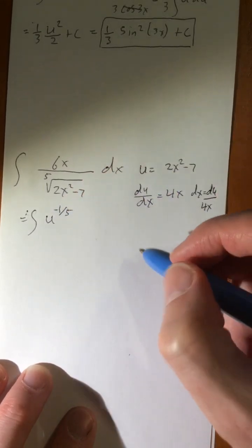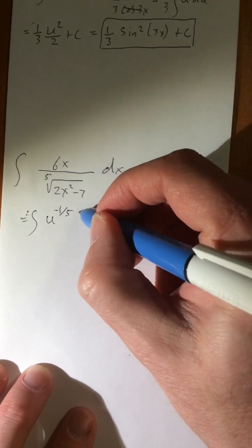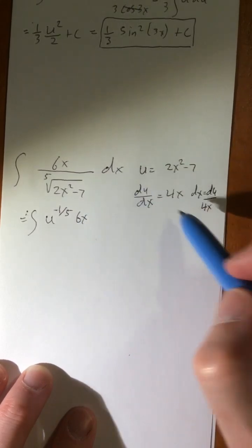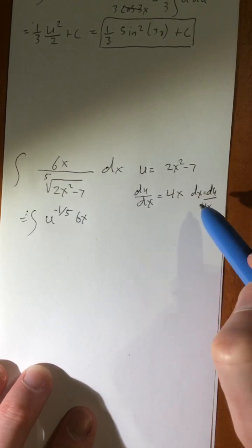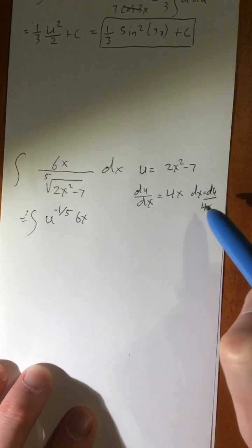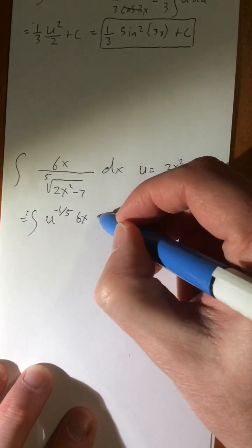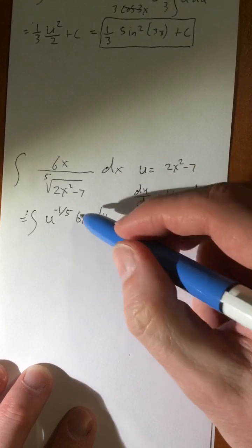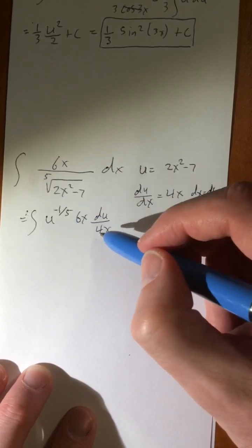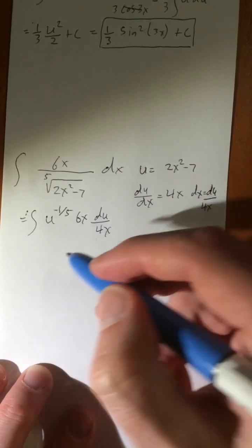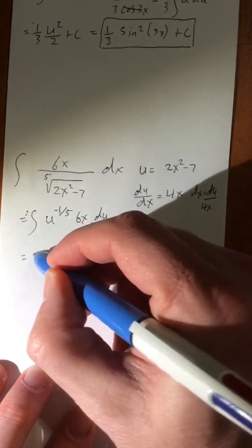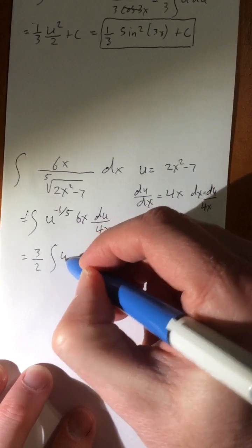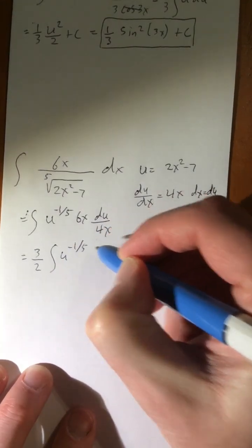So I can use the power rule, of course. The 6x is still there, and we'll bring along the dx, and dx equals du over 4x. The x's cancel. 6 over 4 is the same as 3 over 2. So it's going to equal 3 over 2 integral of u to the negative 1/5 du.